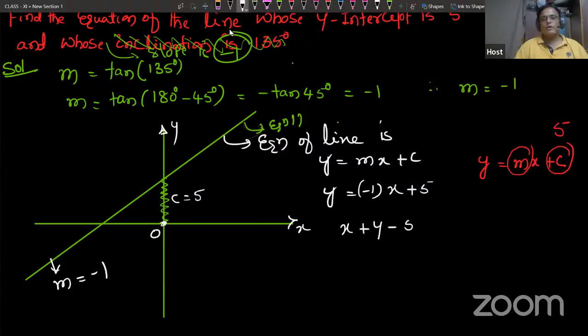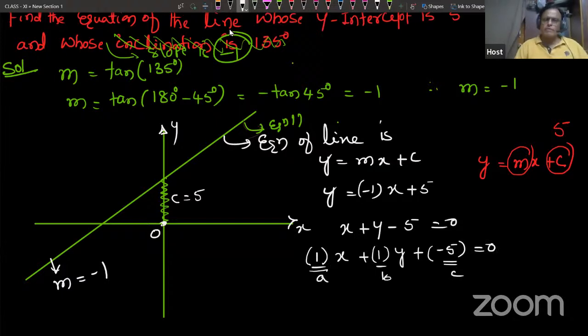Or we can write 1x plus 1y plus minus 5 equals 0. So this is in the form of ax plus by plus c is equal to 0. The final equation of any straight line must be in the form ax plus by plus c is equal to 0.